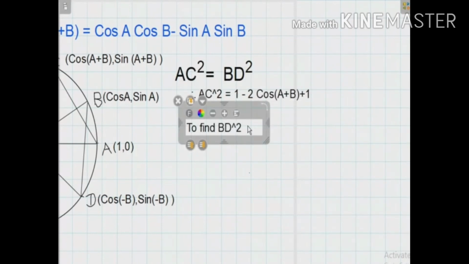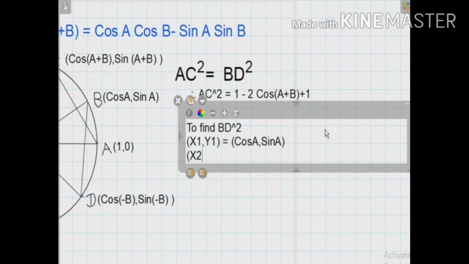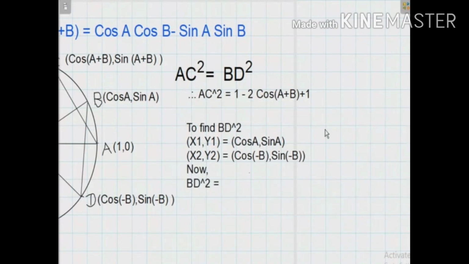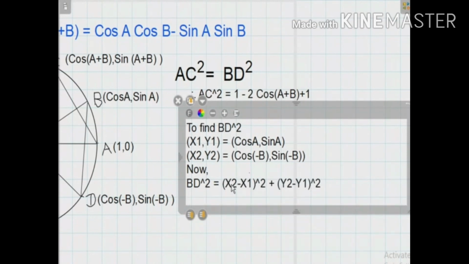Okay, now let us do the same to find BD square. To use the distance formula to find BD square, let's take the coordinate of point B, (cos A, sin A), as (x1, y1), and the coordinate of point D, (cos(-B), sin(-B)), as (x2, y2). Then what the distance formula says is d square is equal to (x2 minus x1) square plus (y2 minus y1) square.